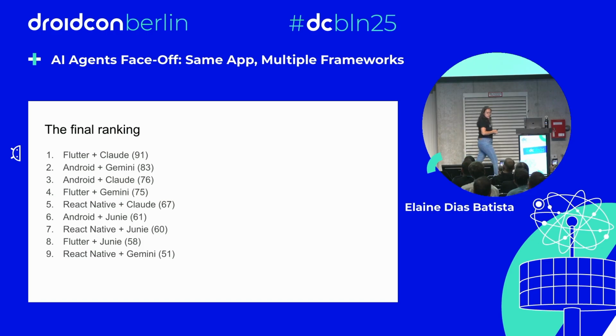And what I really find interesting is that Juni is almost the three last ones: Android with Juni, React Native with Juni, Flutter with Juni. They're very, very low scored, maybe because Juni didn't evaluate the project, I don't know. I'll have to see. Next month, I'll have my credits back, I'll do it.